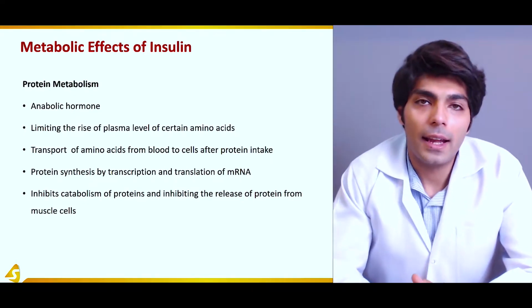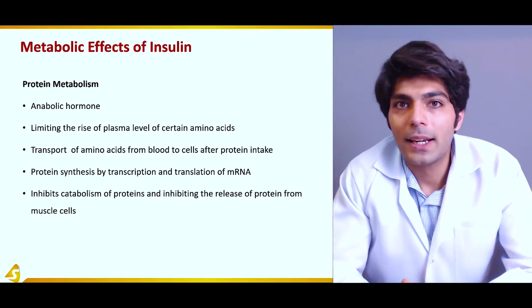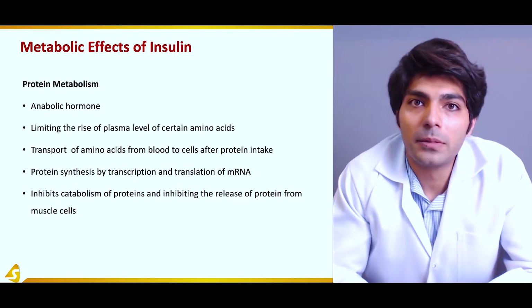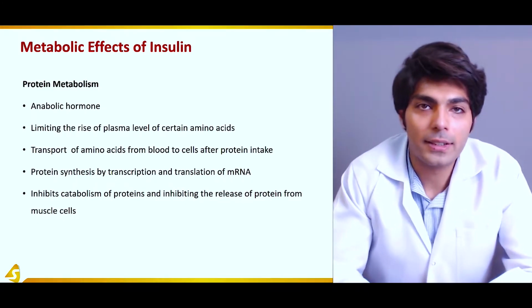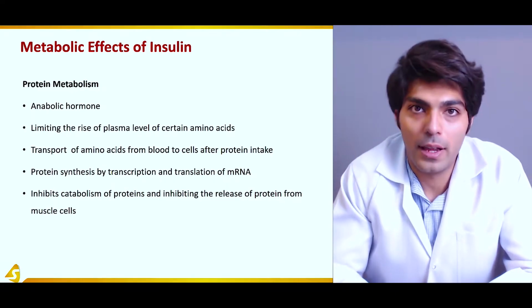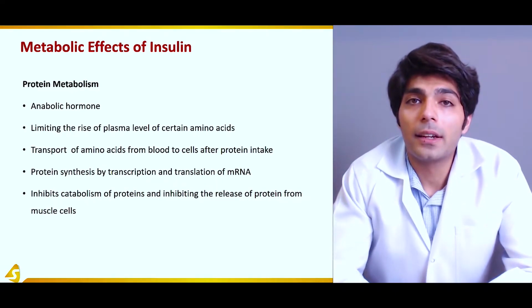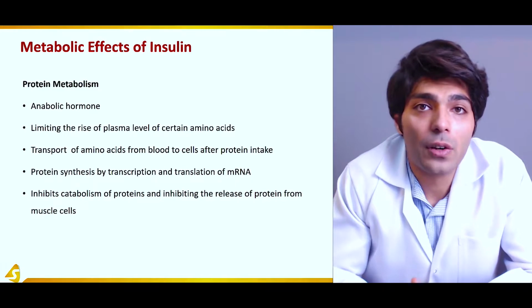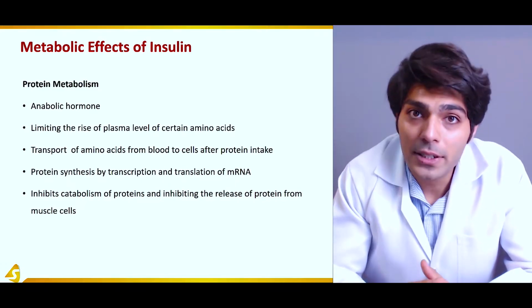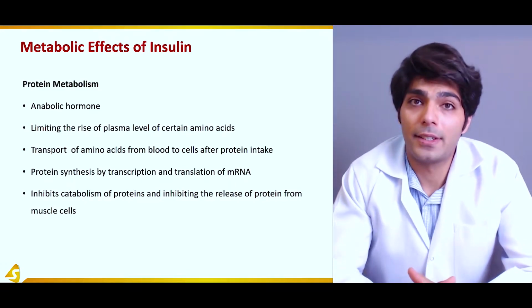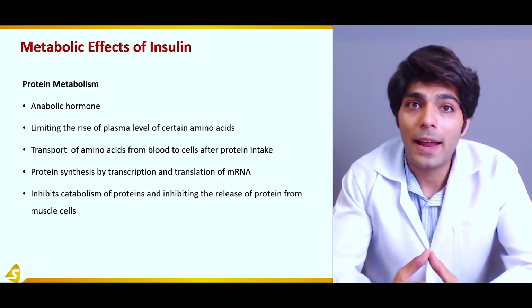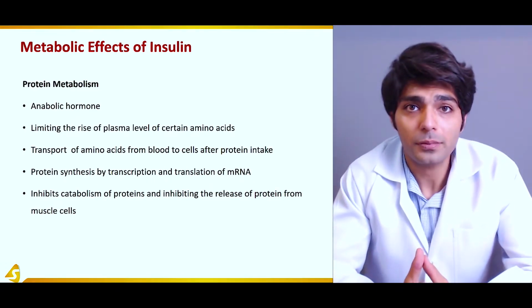So it has an anabolic effect, plus it inhibits gluconeogenesis, it inhibits glycogenolysis, it inhibits the oxidation of fatty acids, it inhibits the mobilization of fatty acids, and it stores the fats into the adipose tissue.